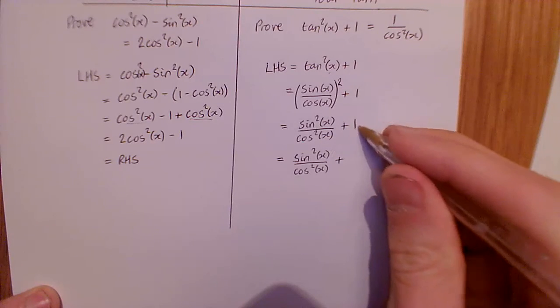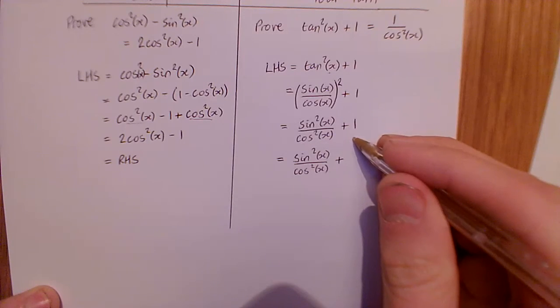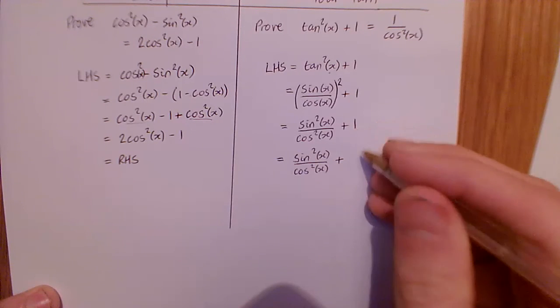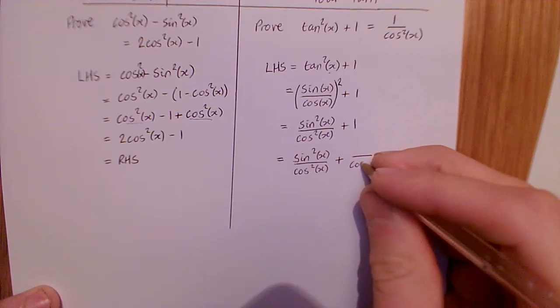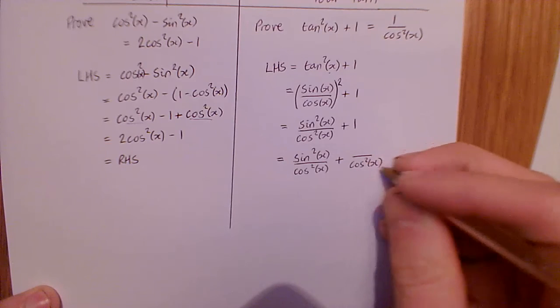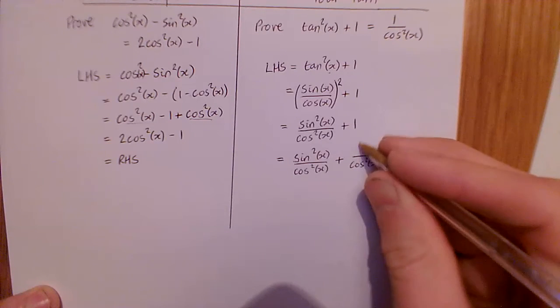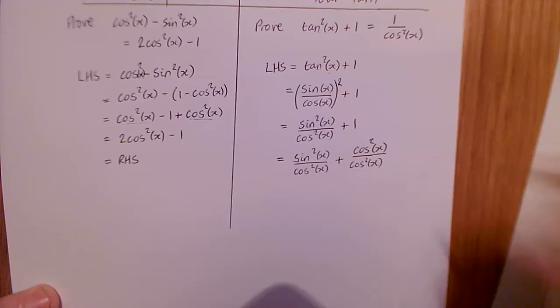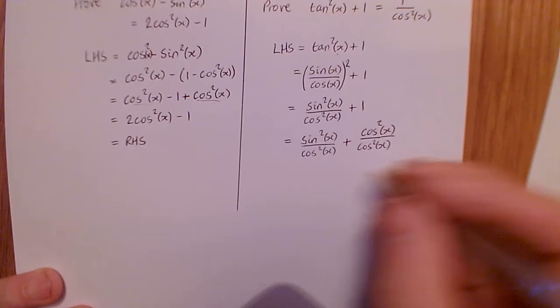I could rewrite my 1 as 5 over 5. Now we're going to use the same trick here. We're wanting to write that 1 with a cos squared x on the bottom so that we can add it. Well, if I want 1, I have to divide something by itself. So that must be cos squared x divided by cos squared x.